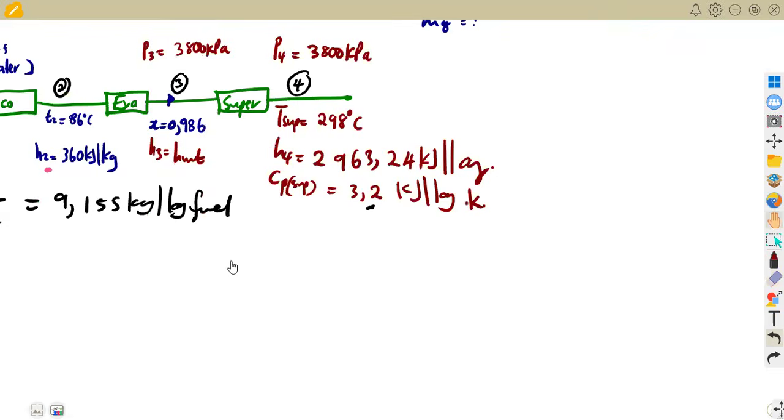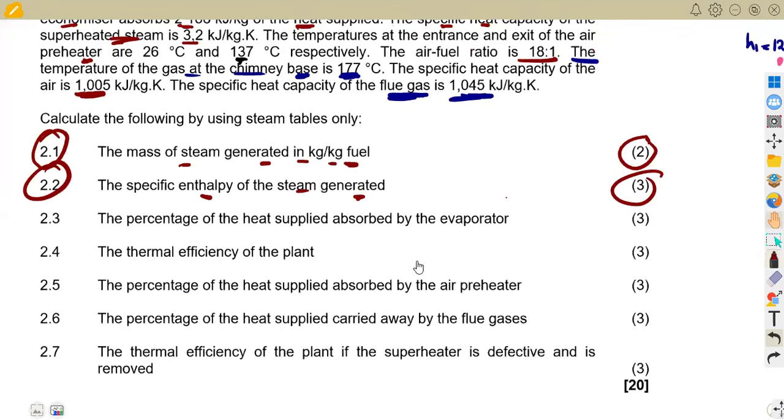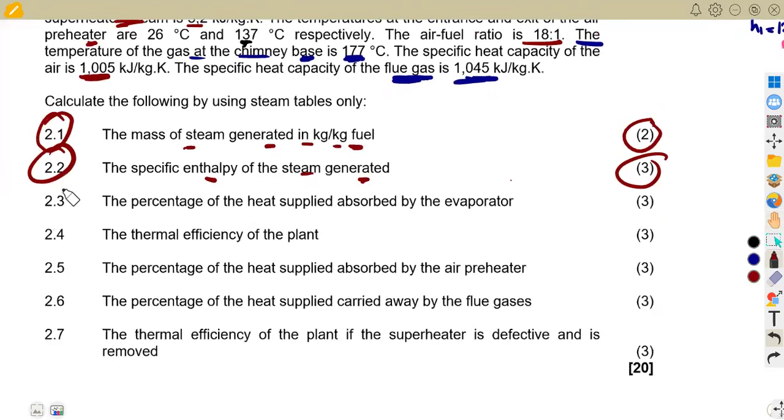Okay, let's see what they are saying. The next question here, 2.3: the percentage of heat supplied absorbed by the evaporator. So in this type of question, when the heat is given as a percentage, definitely it will be the thermal efficiency.